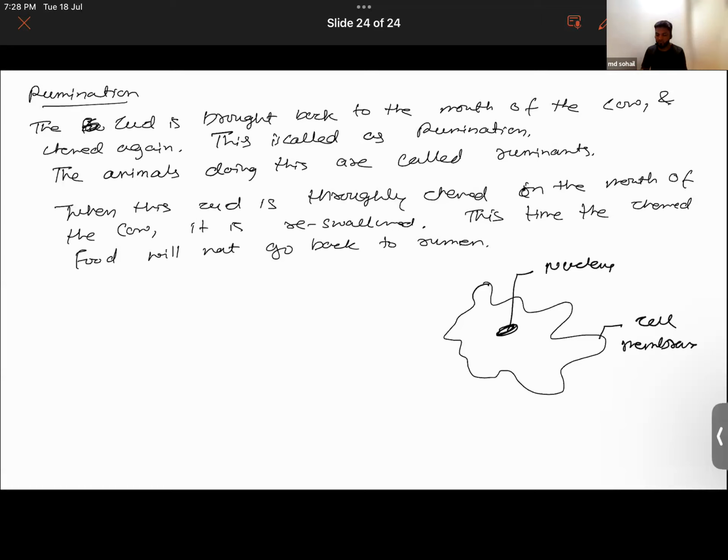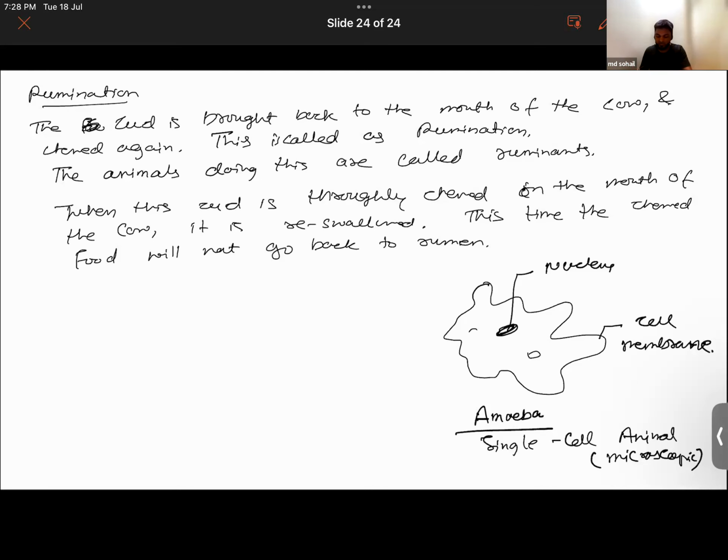So I'm talking about amoeba. Organisms can be single-celled and multicellular as well. This is a single-celled, microscopic animal. It has a cell membrane and a nucleus, and there are bubble-like vacuoles in it.